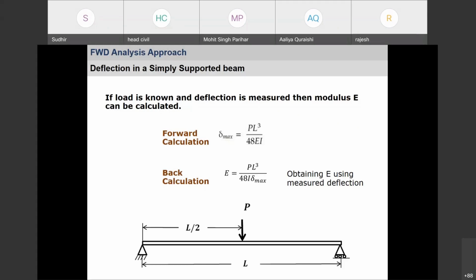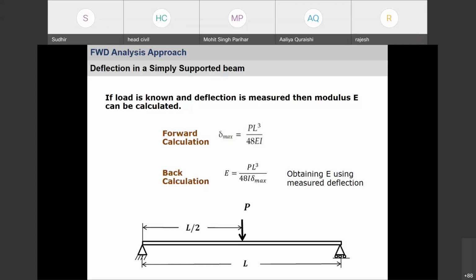Since this equation gives the maximum deflection, it's a forward calculation. Let's term this equation a forward calculation equation, which gives the response of a simply supported beam. I'm just giving an example of a simply supported beam. I'm not saying that this is the equation to measure deflection in pavements.